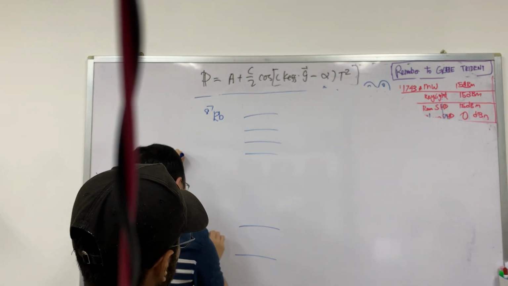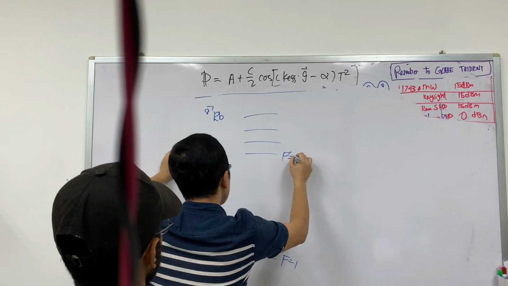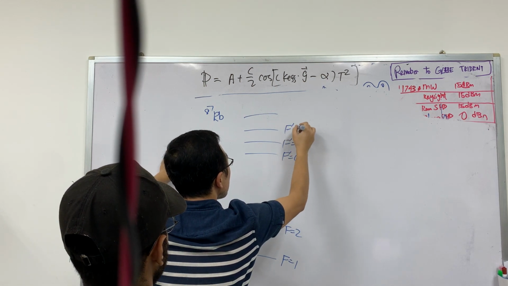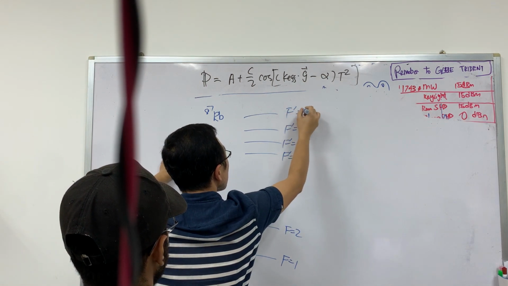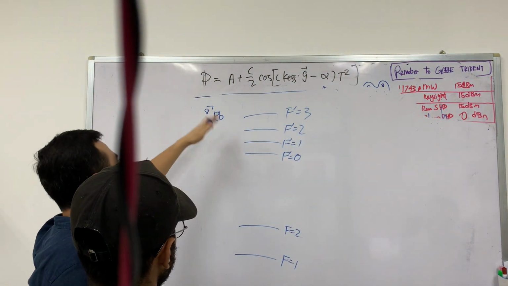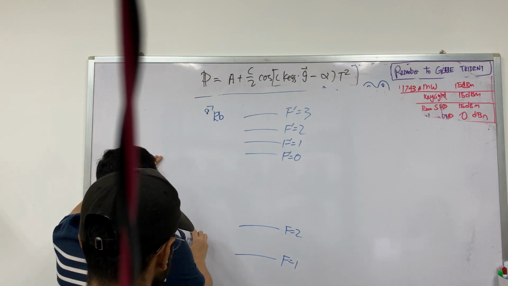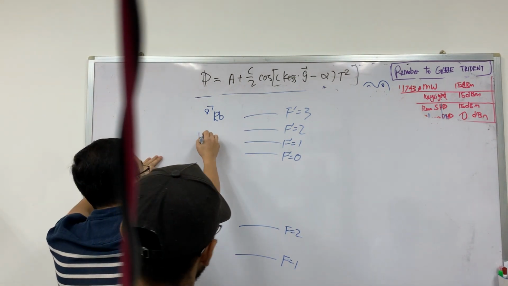This is 5s. Okay, this is the energy level of the rubidium atoms. Ground state, excited state.